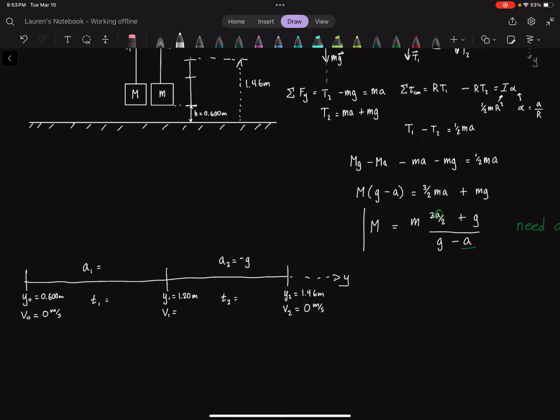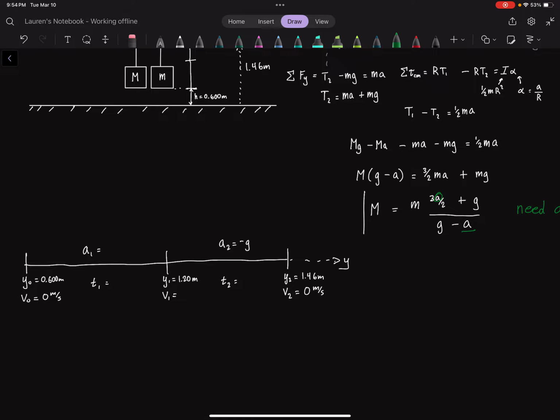All right, so we have quite a bit of information. For this first segment, we want to ultimately know A, because that's what we can plug in over here, and then we have our answer. That's what we're really wanting to get to. The times we don't necessarily need to know, and V1 we don't need to know, but any stepping stones to get to that A1 would be great.